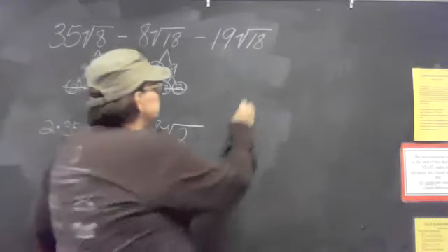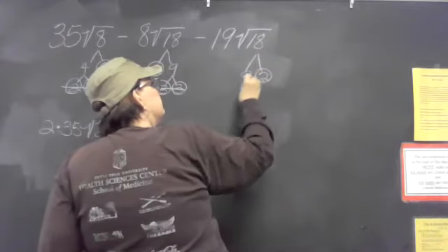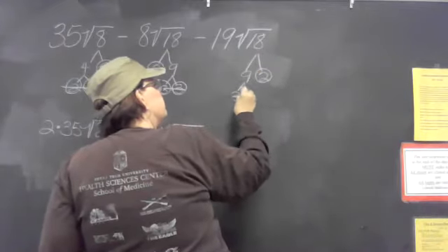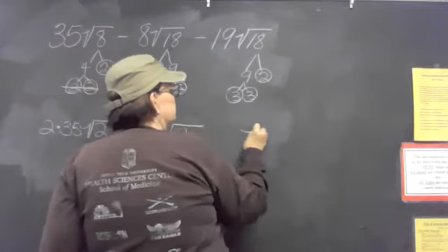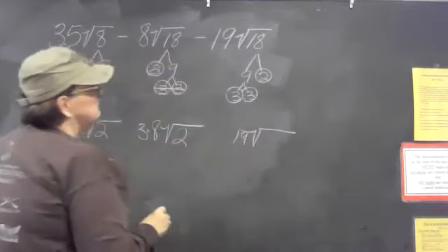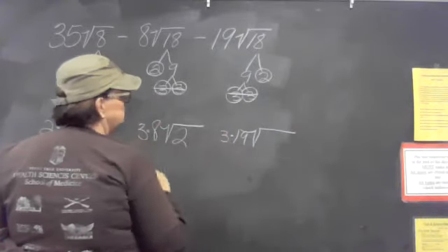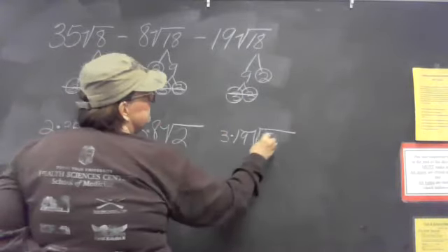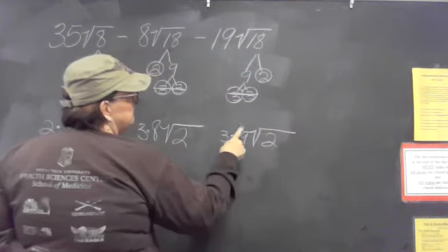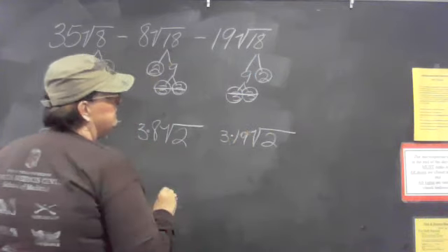And then we come to this one. 19 is already out here. We have a 3 comes out. And 2 2 has to stay home. That's kind of 19. There we are.